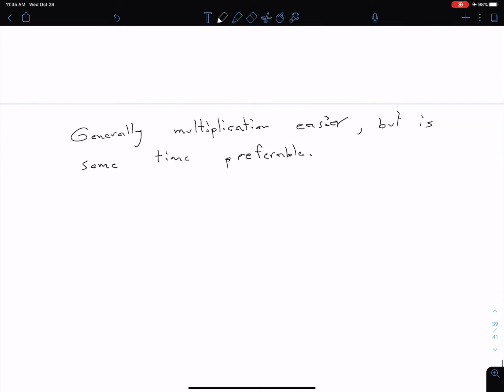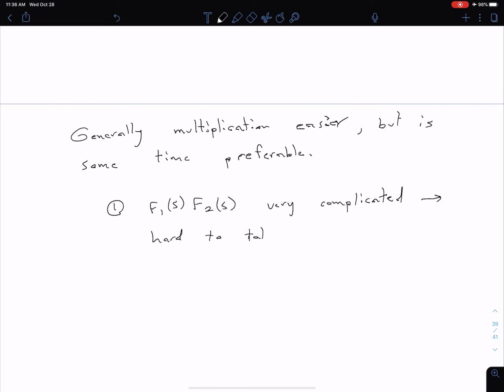A couple of those cases, for instance, would be, let's say case 1: if our product F1 of s and F2 of s in our frequency domain is very complicated, then it's going to be hard to take the inverse Laplace transform.